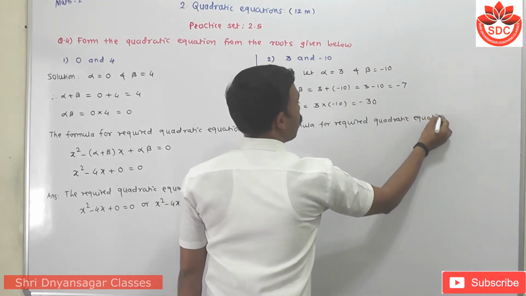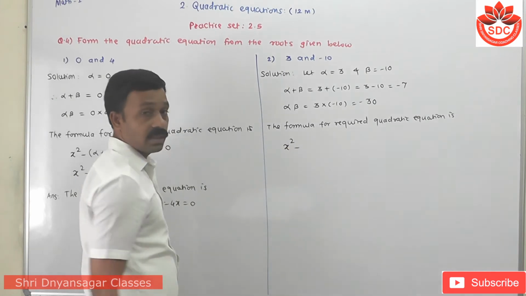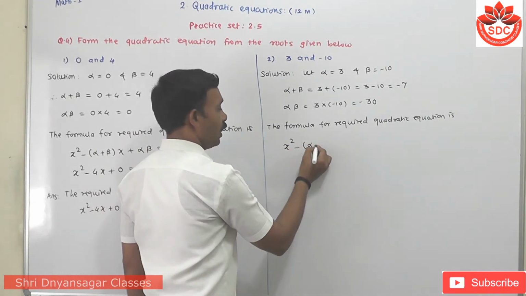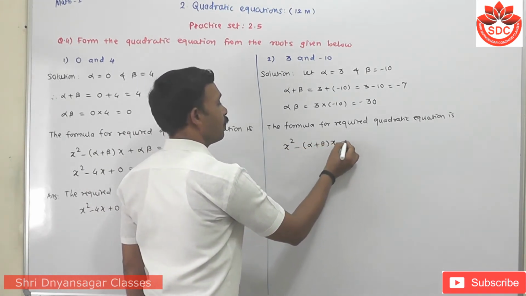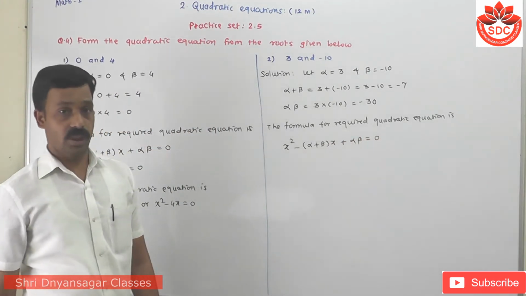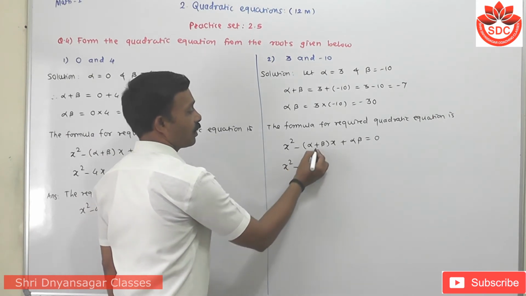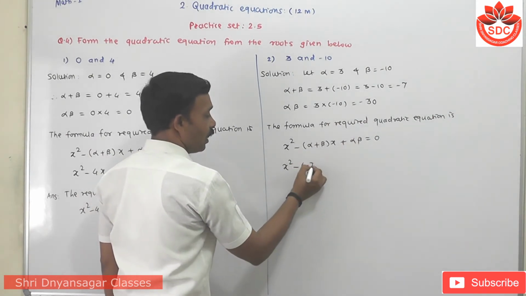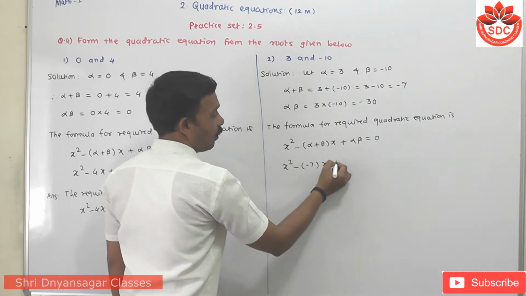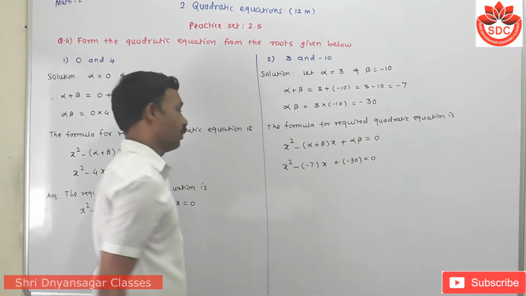x square minus the sum of the roots, alpha plus beta, into x plus the product of the roots, alpha into beta, equals 0. Then substitute the values: x square minus the sum of the roots, minus 7, into x plus the product of the roots, minus 30, equals 0.